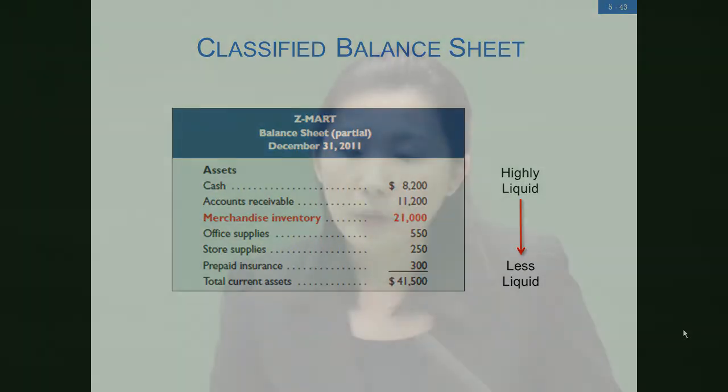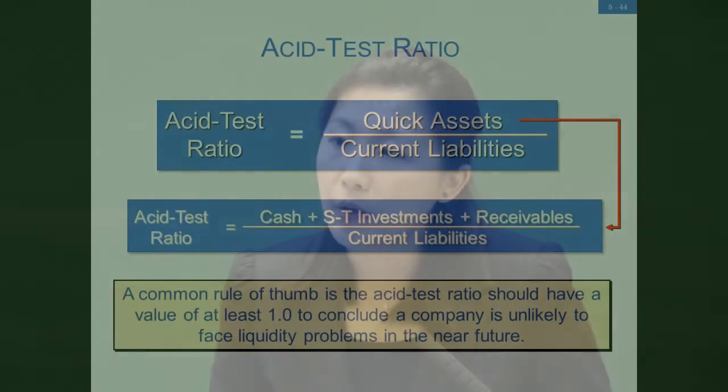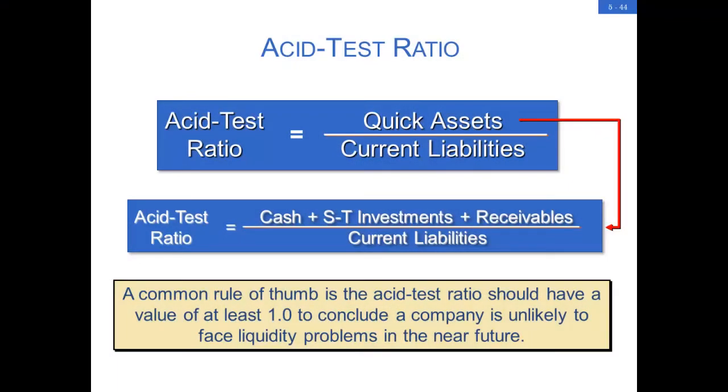In this chapter, we would like to introduce the acid test ratio. Similar to current ratio, it is a common ratio that is used to determine the liquidity of a company. In other words, this ratio determines if the company has enough liquid assets to cover the current liabilities.